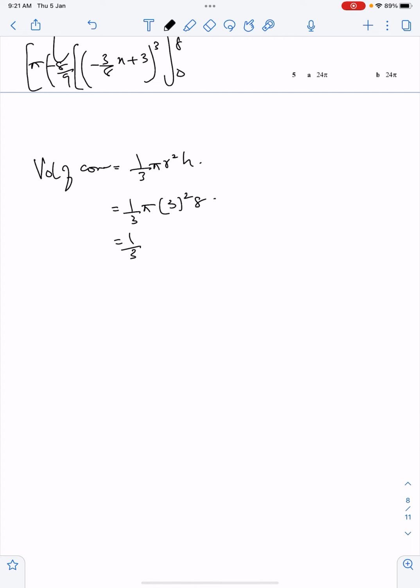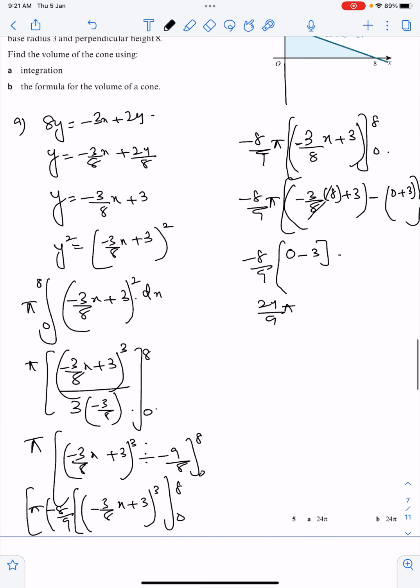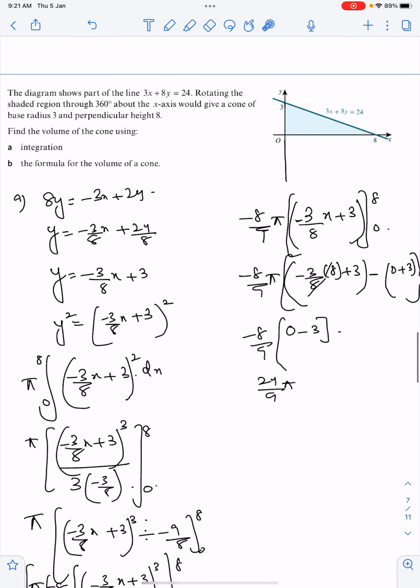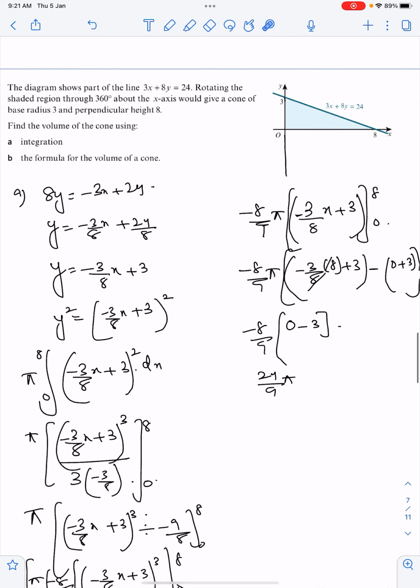So 1 upon 3 pi times 9 times 8, 3 times 8 is 24 pi is the answer. So we must have made some mistake here. Let's correct our mistake from here. So y equals negative 3 upon 8.